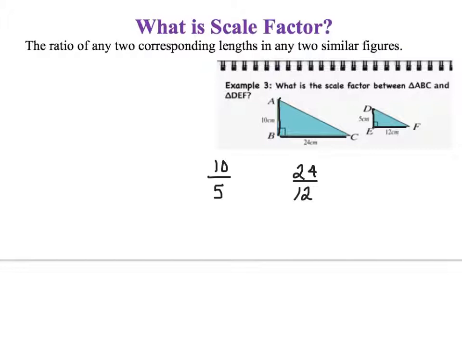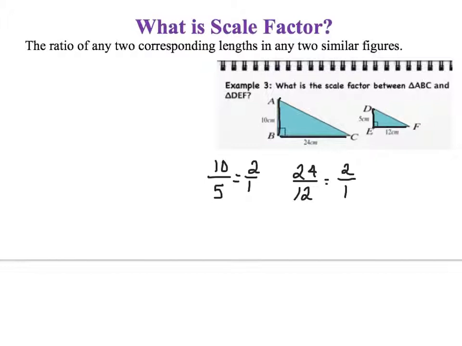I want to reduce or divide. So when I reduce, 10 over 5 divides down to 2 over 1. Similarly, the same thing happens with the other pair of corresponding sides. They reduce down to 2 over 1. 24 divided by 12 is 2.